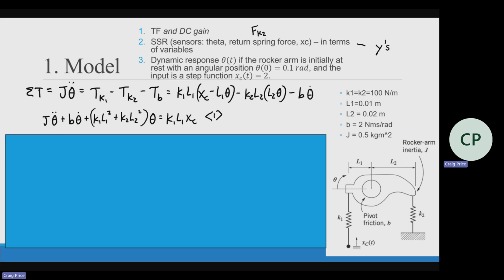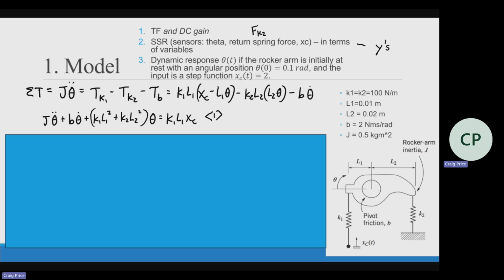Tell me again, class, what is the purpose of the DC gain? What does it tell us? Related to the steady state output, yes. How do we use it to find the steady state output? Okay, so you plug S is turned into 0.